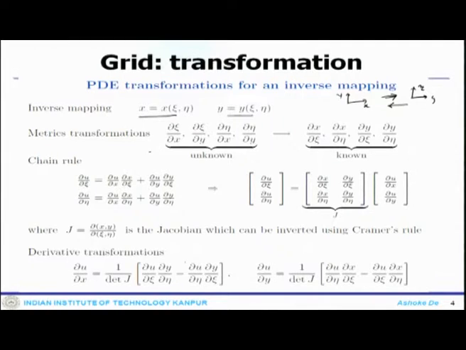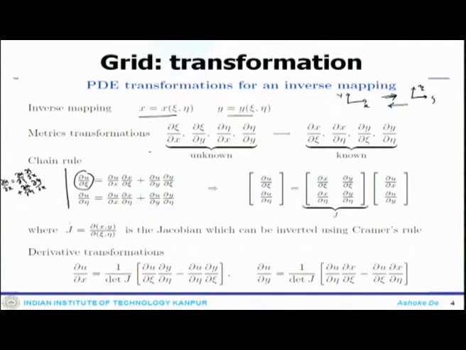So, for example, if I want to find del u by del xi, that will be del u by del x times del x by del xi, plus del u by del y times del y by del xi, and similarly del u by del eta. It is just a reverse calculation. Previously, what we found was del u by del x, which was del u by del xi times del xi by del x plus del u by del eta times del eta by del x.